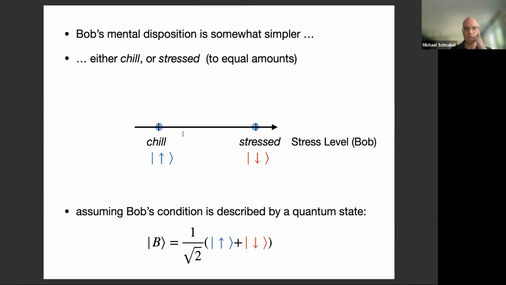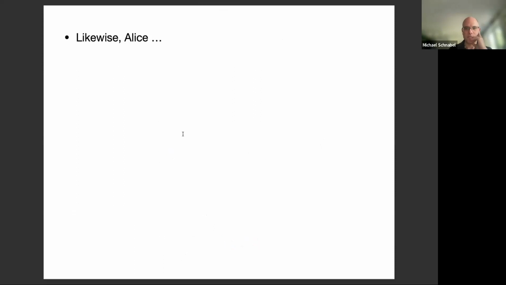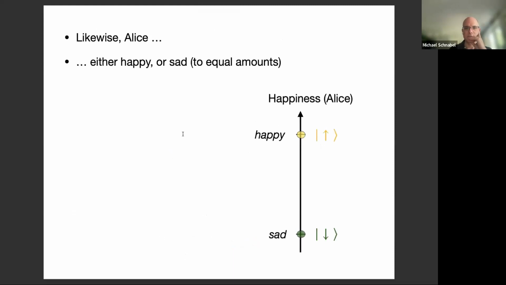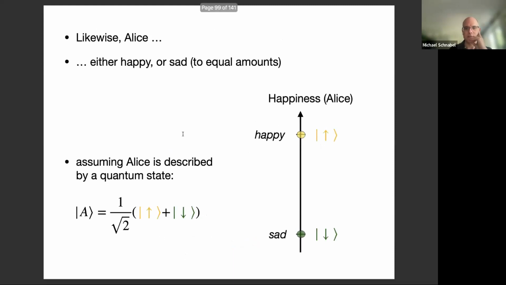If he is in a superposition, then it can be either or with a 50% chance. It's an ambiguous state. And Alice, the same, either happy or sad. And again, let's assume that she is in a quantum superposition state.